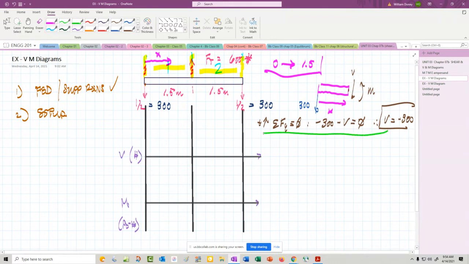Well, that shear now goes over to this diagram, and we're going to find minus 300. And since it equals minus 300 for this entire range of 0 to 1.5, it's going to go across there at minus 300. Meaning there's no change in shear from 0 to 1.5.